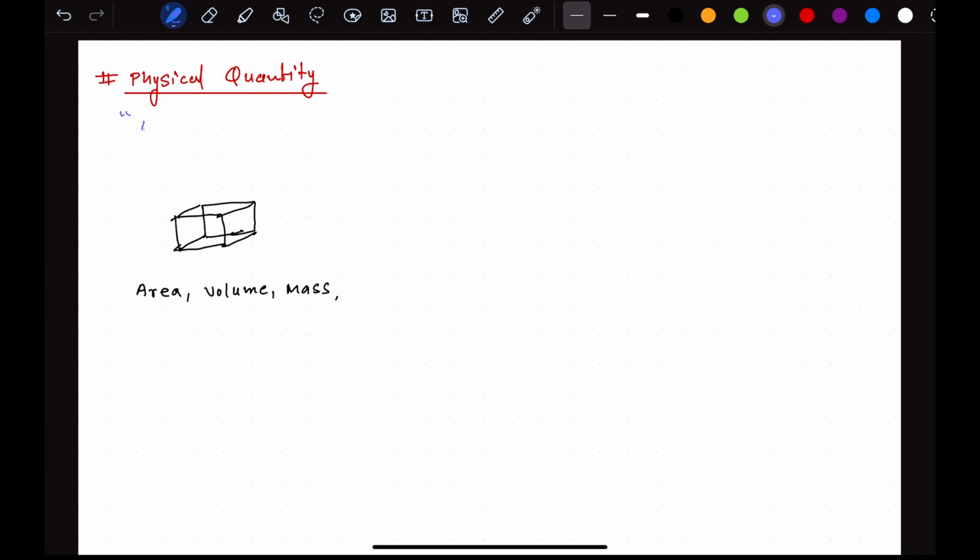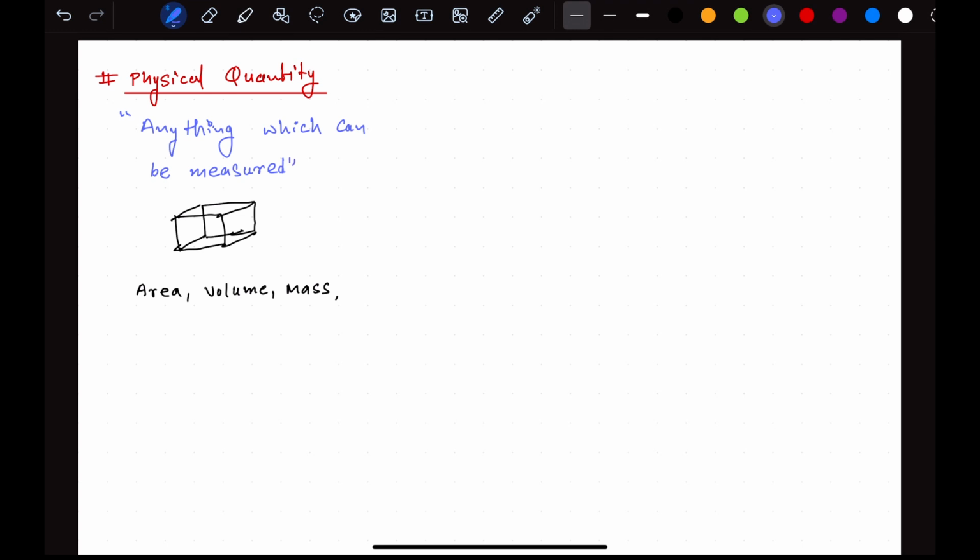So we can say the definition of the physical quantity: anything which can be measured.